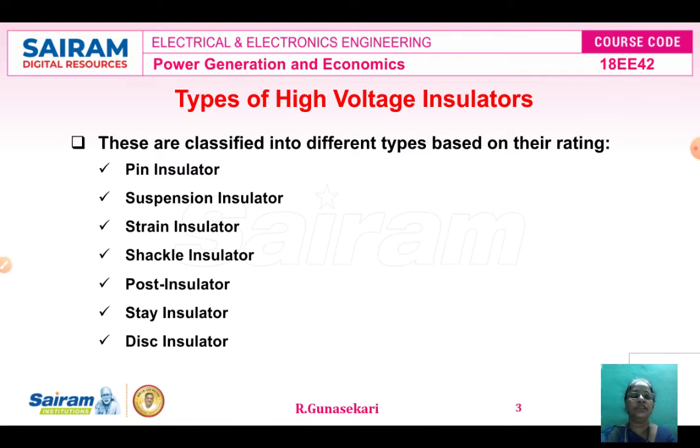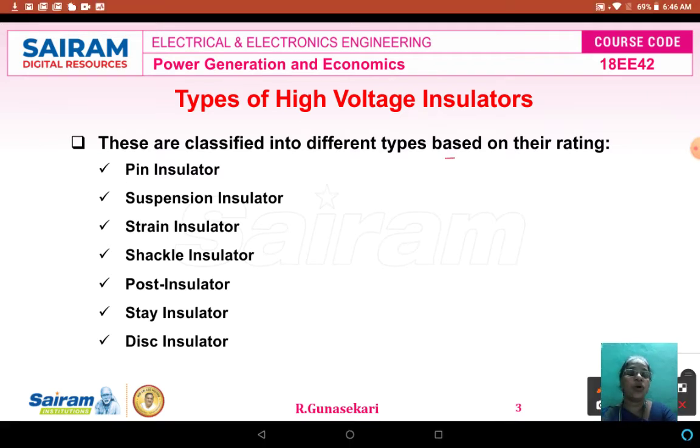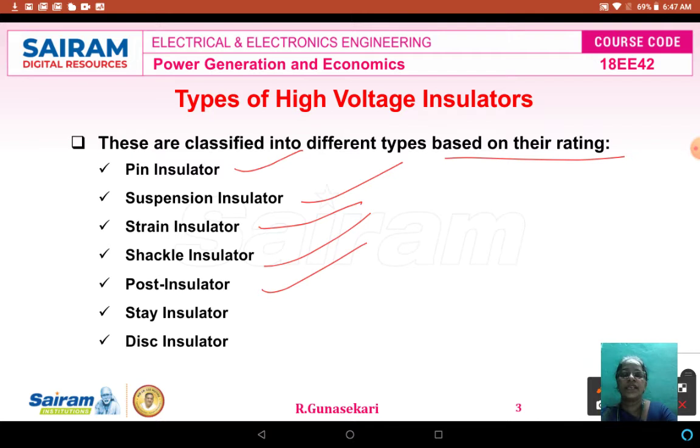The high voltage insulators are classified into different types based on their rating. Based on their rating, they are classified as pin insulator, suspension insulator, strain insulator, saddle insulator, post insulator, stray insulator, and disc insulators.